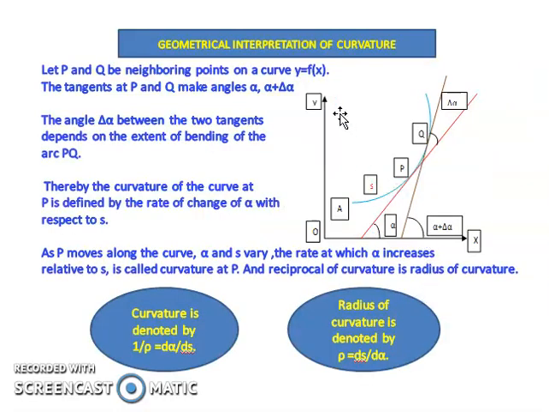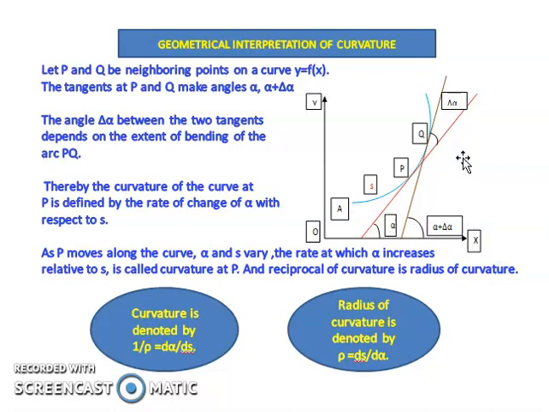Again, there is a geometrical interpretation of curvature and radius of curvature. We are having a curve y is equal to f of x. We are having a tangent at P and a tangent at Q, and the angles made by the tangents at P and Q are alpha and alpha plus delta alpha.